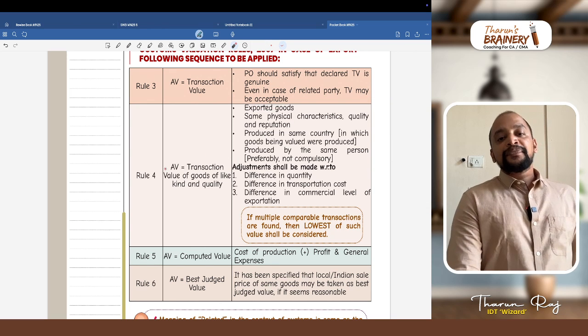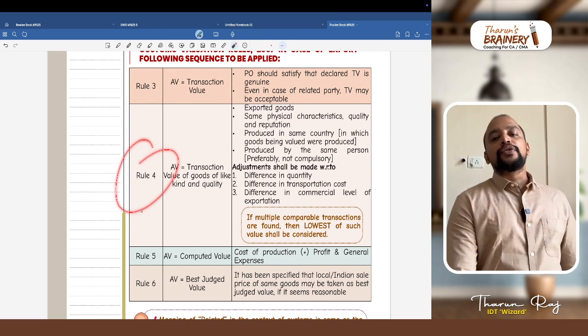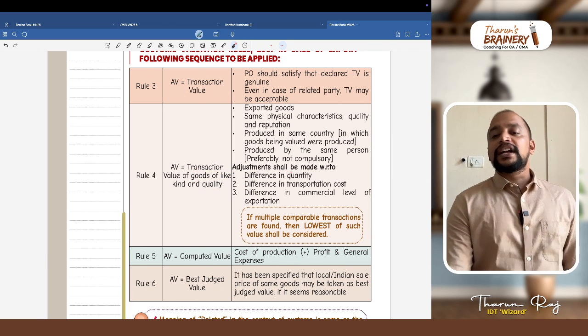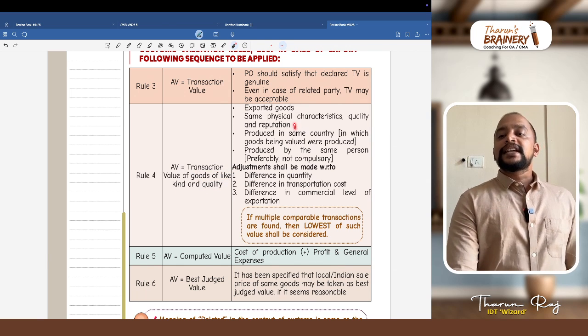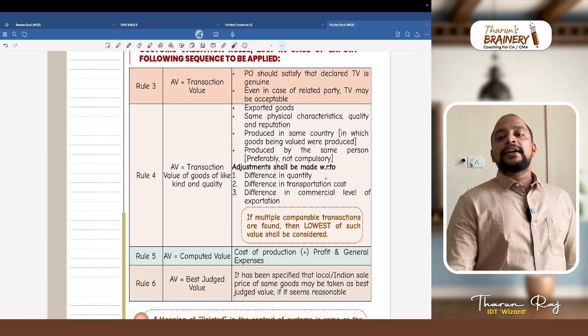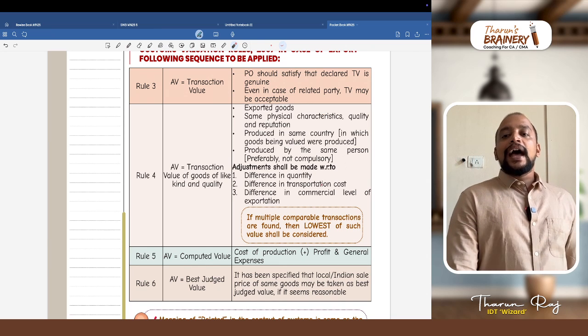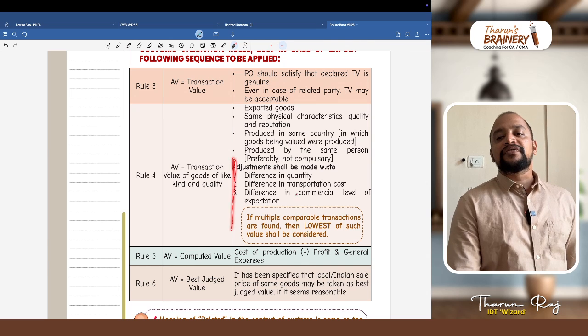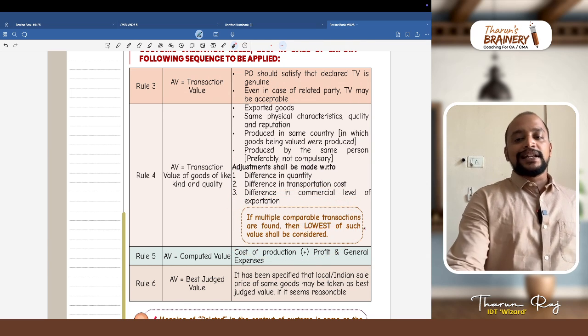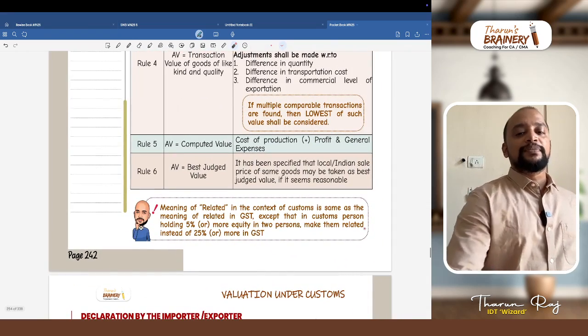But if they reject it, then we go for rule 4, transaction value of goods of like kind and quality. Like kind and quality means that these are also exported goods, with the same physical characteristics and quality, same country and same person. Adjustments are for difference in quantity, transportation cost and commercial level, same as before. If multiple transactions are found, then the lowest value will be taken.